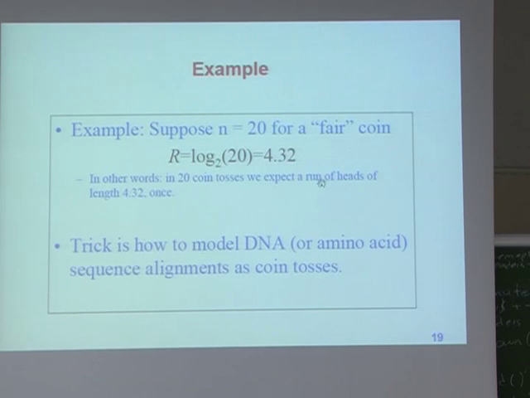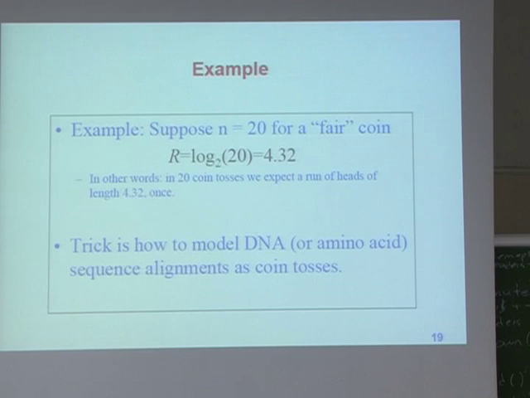So we expect a run of heads of length 4.3 once. This is how you read this: the expected number of observing 4.3 heads in a row is 1. These floating point numbers used for counts may be confusing, but you should get used to that if you are going to use e-values.